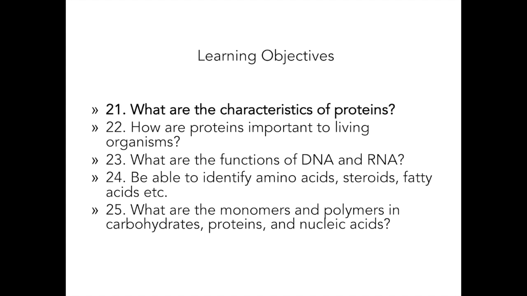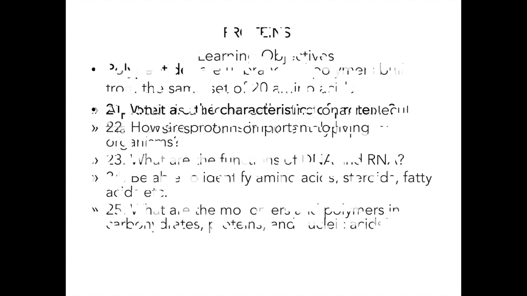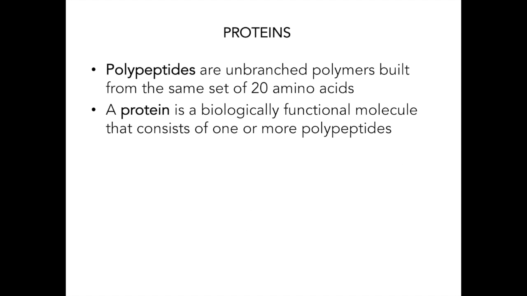Okay, so characteristics of proteins. Proteins are polymers of amino acids. So a polypeptide is a long chain of amino acids that are linked together by a bond called a peptide bond.